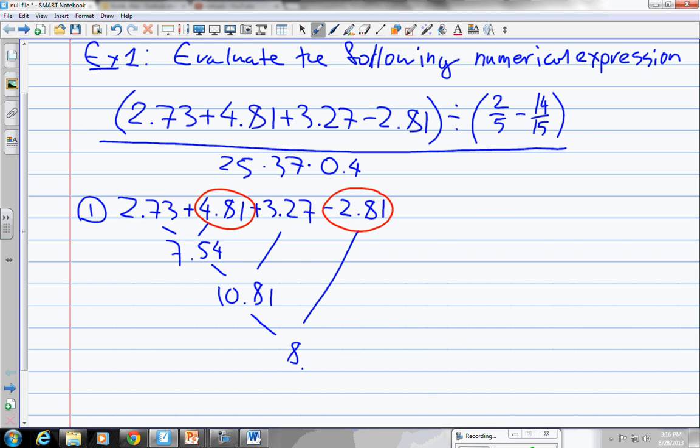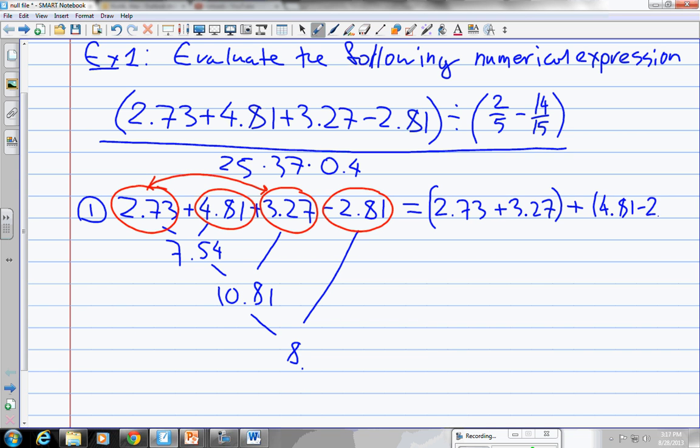What about 2.73 and 3.27? Is 2.73 going to play nice with 3.27? Yeah, so maybe I can rearrange them. Maybe I can say, well, this is 2.73 plus 3.27 first. Just do that first, and then do the other two.